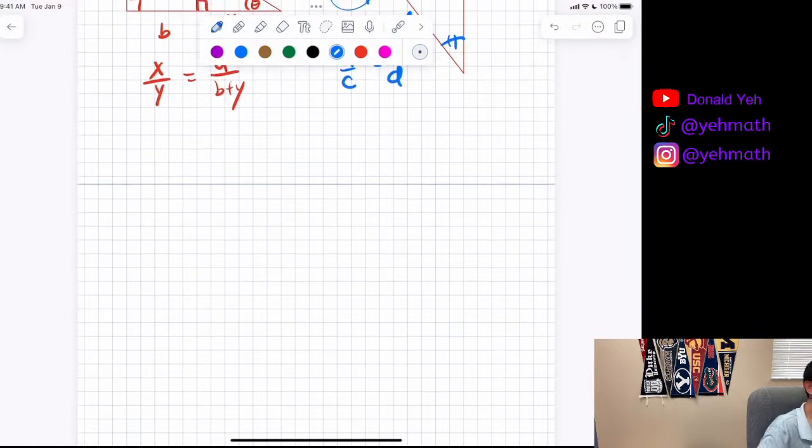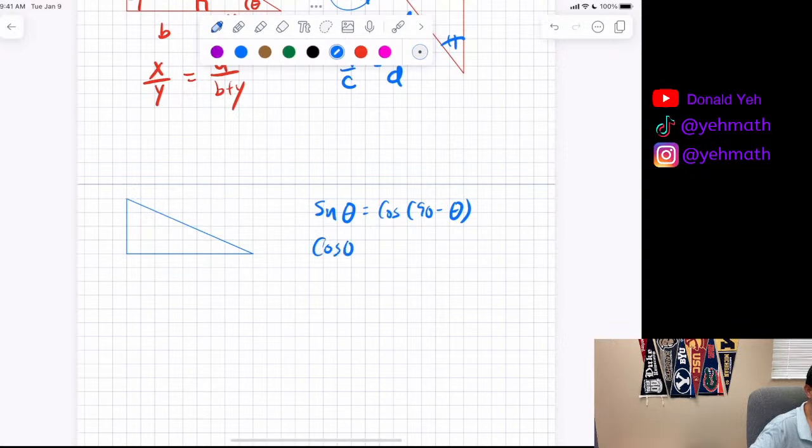Oh, good. We're going to talk about another thing that's always on the SAT. You have to know how to convert radians to degrees and degrees to radians. Those are easy ones, but always on the SAT is the co-function identity. Sine of theta is equal to cosine of 90 minus theta, and cosine of theta is equal to sine of 90 minus theta.